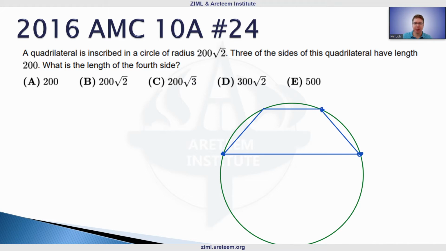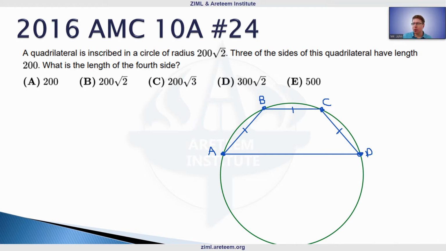But let's think about these three sides, and maybe we can label our points as well. So natural labeling: A, B, C, D around this way. Our main piece of information is that these three pieces all have the same length. Now, if you recognize that immediately, that's great. If not, I'll explain it in a moment.